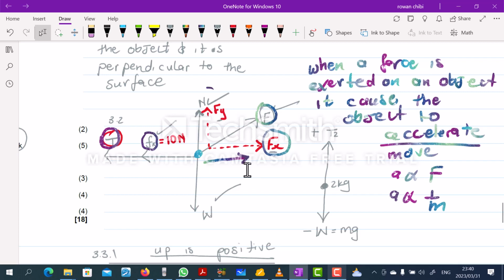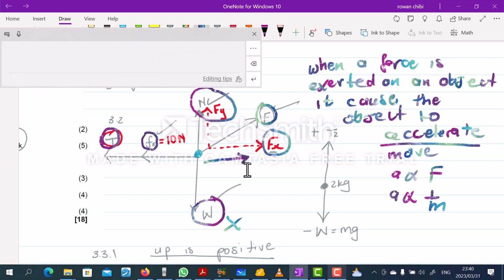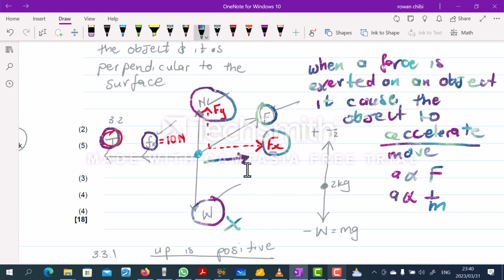So the normal force, the Fy and the weight are not causing the object to move, because these two are pushing the object upwards. This one is pushing the object downwards. So that's why the object is stationary, or flat on the surface, because these two are equal to this one. In other words, the normal force plus Fy is equal to the weight.